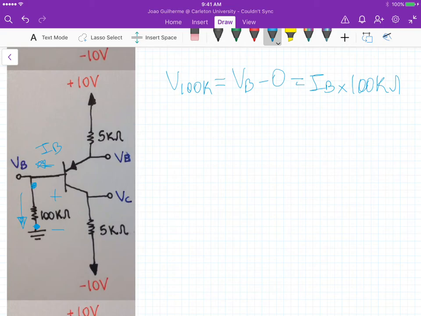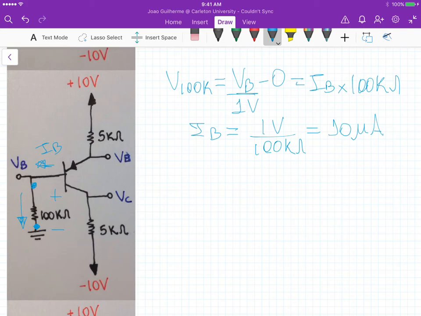From the statement of the problem, VB is equal to 1 volt. So the current at the base, IB, is equal to 1 volt divided by 100k ohm, and that's equal to 10 microamps. So this is the current at the base.